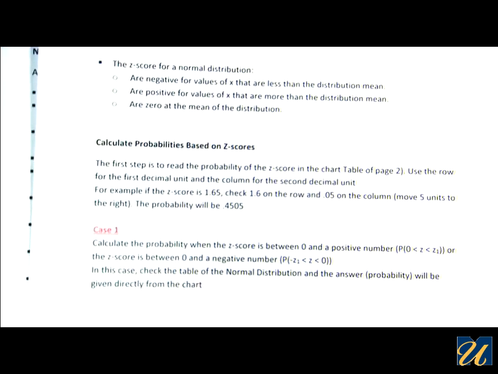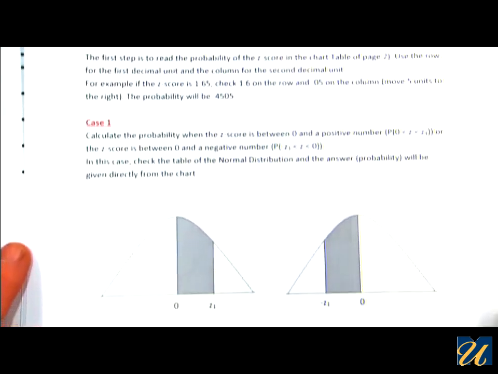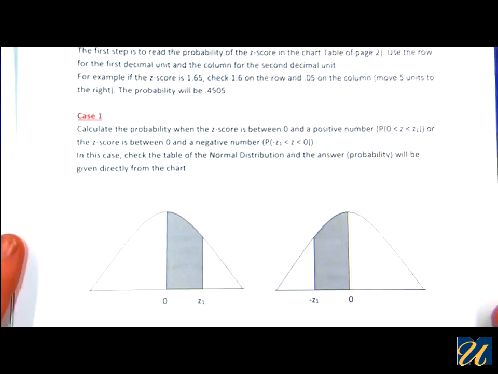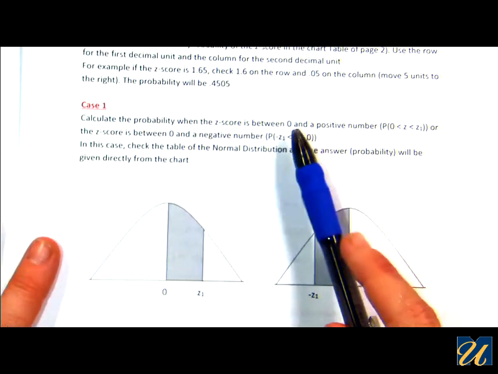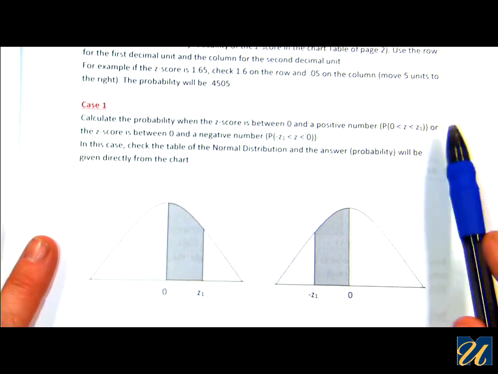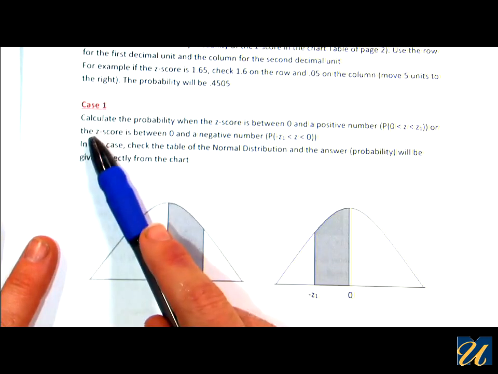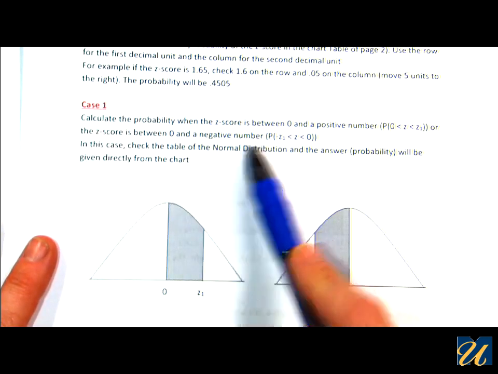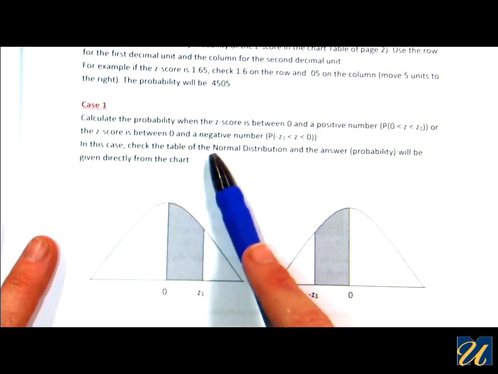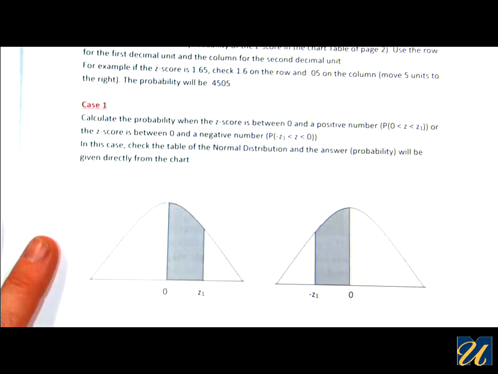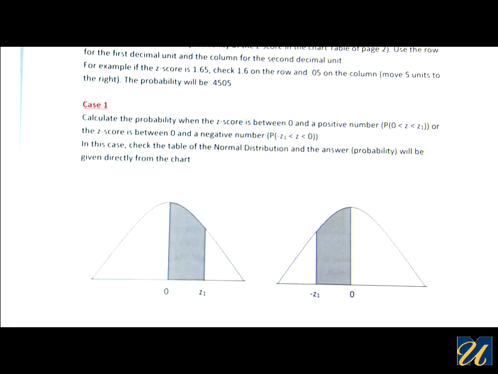Now, let's say we want to calculate the probability when the z-score is between 0 and a positive number, or 0 and a negative number. In this case, you check the table of the normal distribution, and the answer, the probability, will be given directly from the chart.